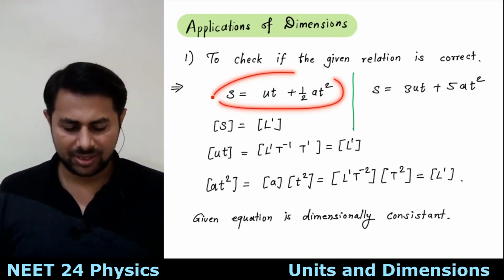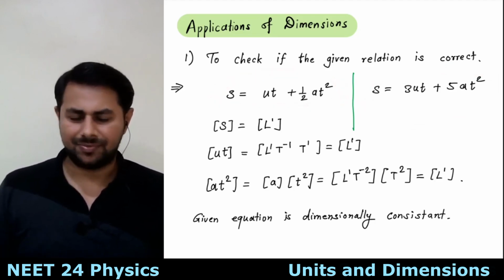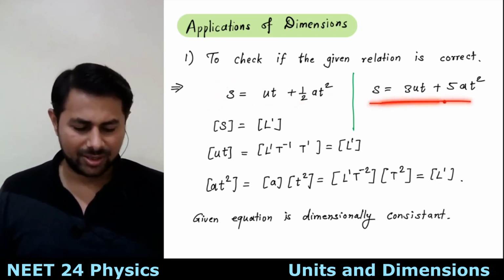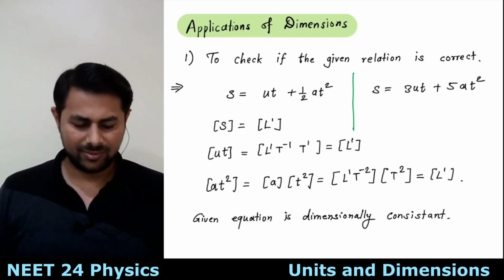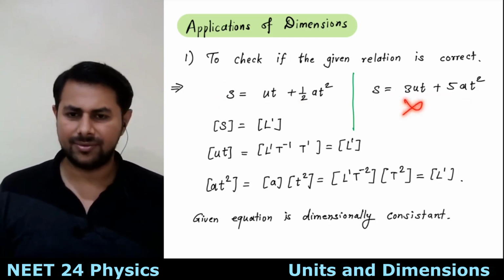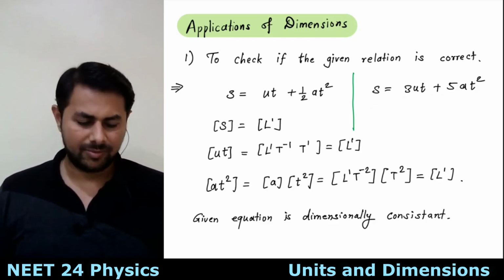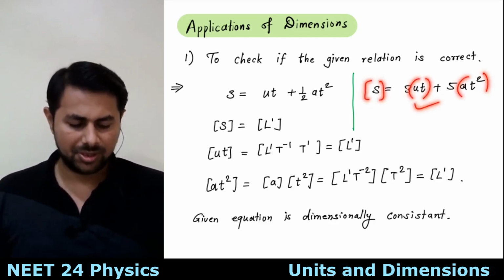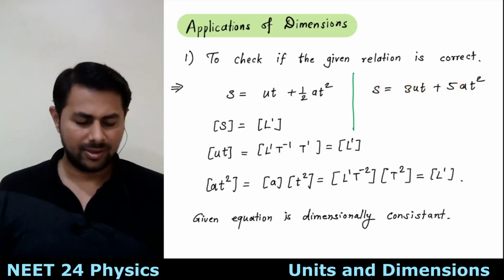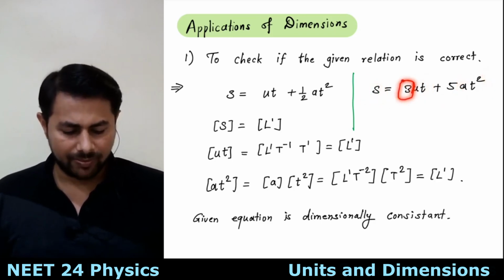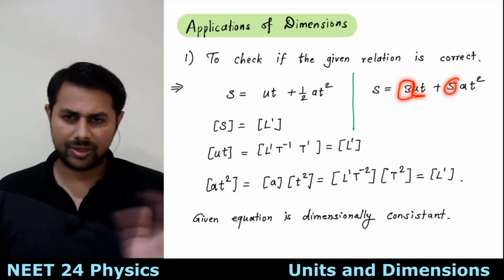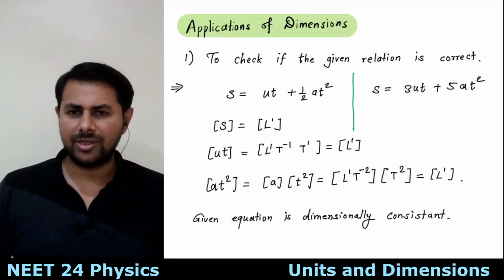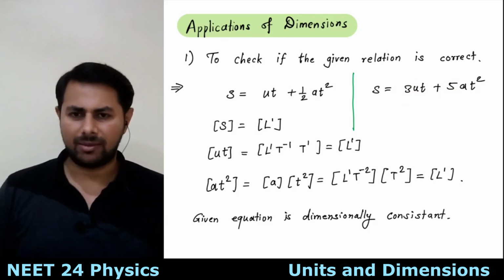This equation comes in the study of uniformly accelerated motion. This is called a kinematic equation. I cannot call this one a kinematic equation, so this is incorrect. But it is dimensionally correct because the dimensions of this term, this term and this term match. Whatever number is multiplied with any term, we can never find that out using dimensions, because numbers don't have any dimensions.